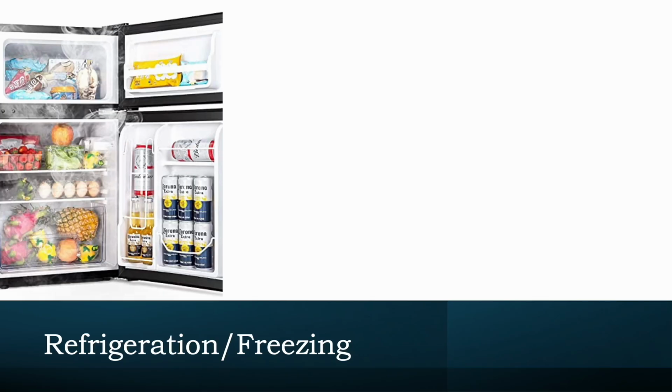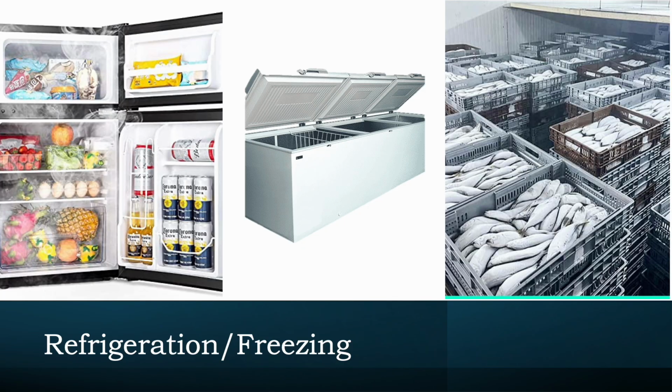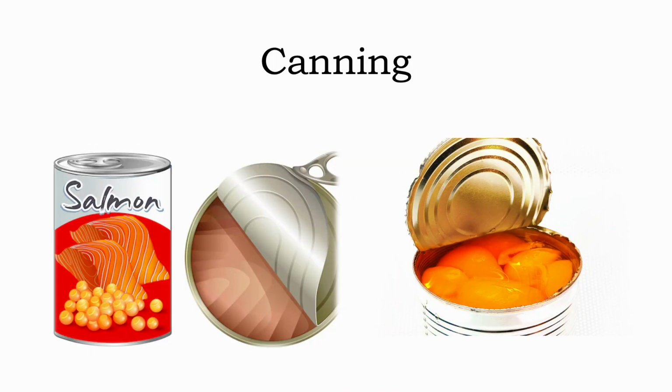As you are aware, the most widely used method for preserving food is refrigeration or freezing. Food spoiling can be delayed by keeping it in a cold atmosphere, which inhibits the growth of bacteria. In homes, we use standard refrigerators, but in industries, freezers or cold rooms are used. A well-known method of preserving food is canning.